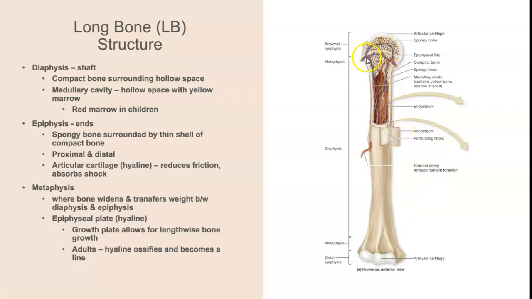Now, right here you can see this little line. That is called the epiphyseal line. There's no more cartilage there. So when there's cartilage there, we call it the epiphyseal plate, and that bone can still grow. But once like this, it's all turned into bone, then it is an epiphyseal line. It has fully ossified, and that bone cannot grow in length.